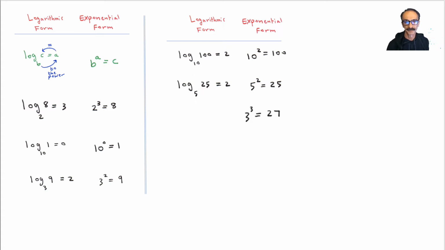One more. 3 to the power 3 equals 27. That means log base 3, and the argument inside will be 27.